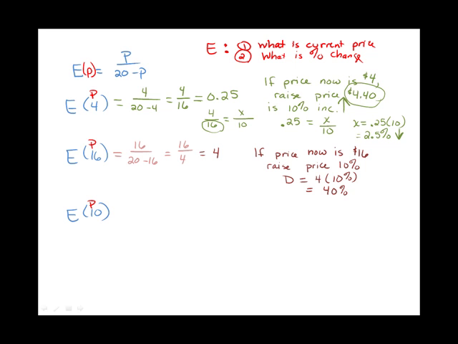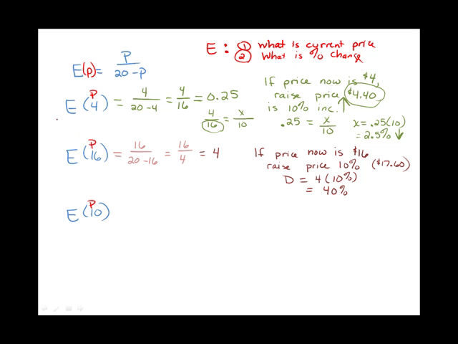So now my revenue is going to go in the opposite direction because I might get 10% more price. So now instead of $16, I'm getting $17.60, but I'm going to lose so many sales that I'm going to end up with a decrease in revenue.